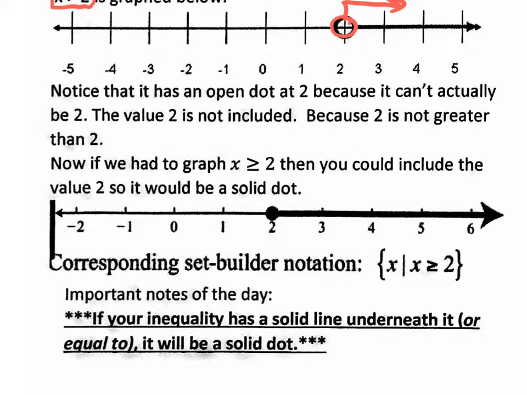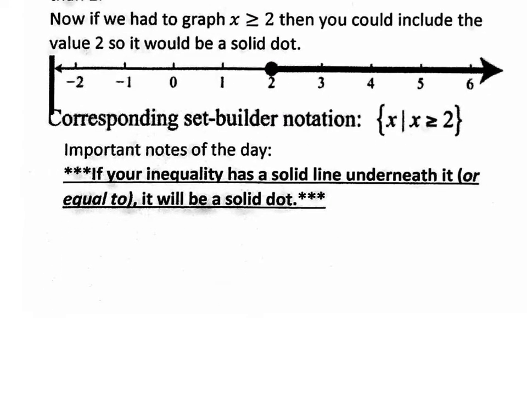So here's the important part of today's notes. If your inequality has a solid line underneath it, that means "or equal to." It'll be a solid dot. So once again, if your inequality has a solid line underneath it, it's going to be a solid dot.